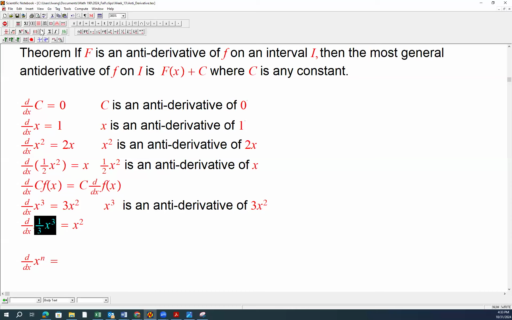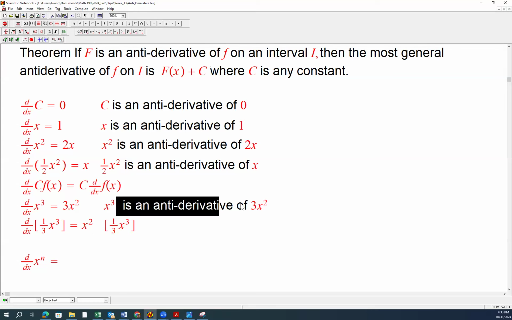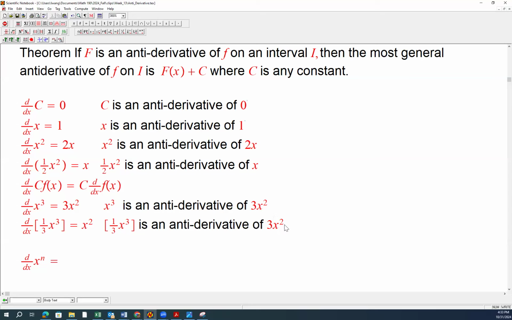So 1/3 of x raised to the power 3 is an antiderivative of x squared.